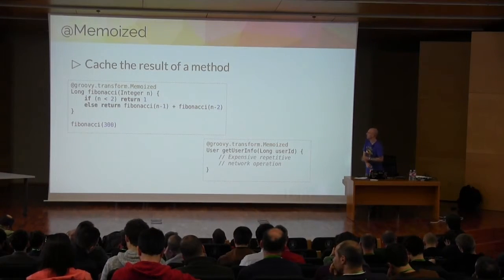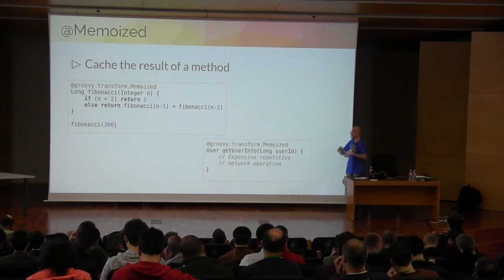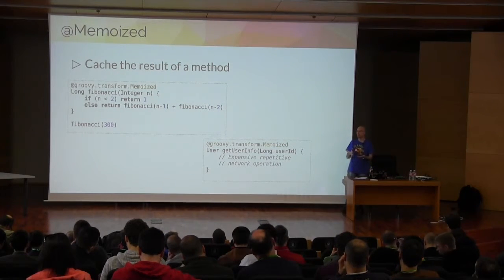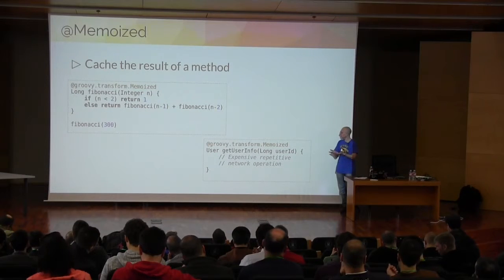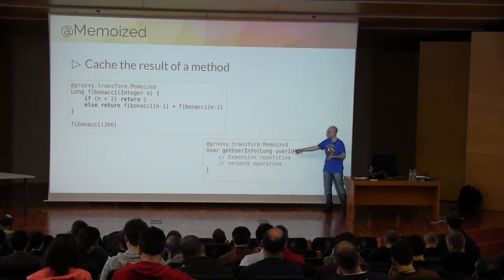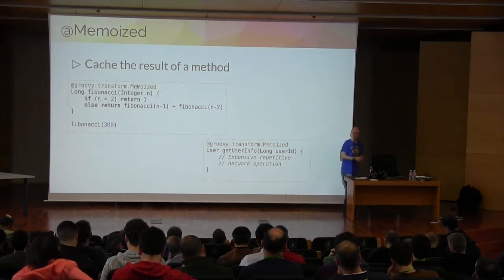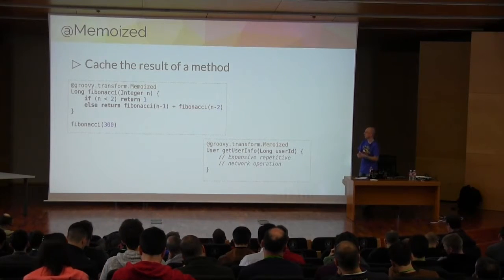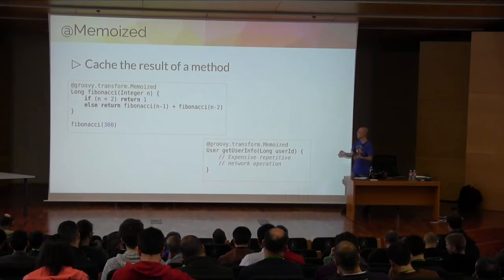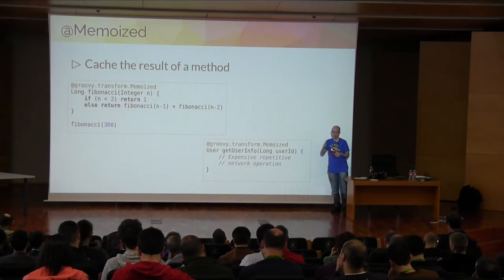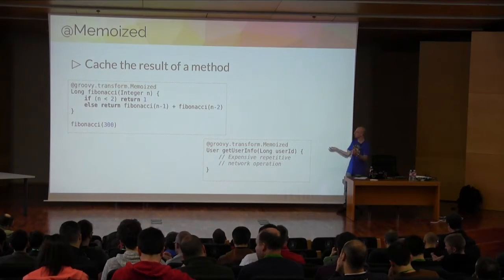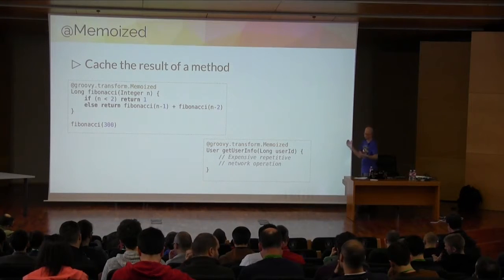So what we did is just annotate the code with memoize. The first time we need the data for user ID 42, it will go to the server and cache this result. And for the next one, this method just returns the cached value without going to the server.